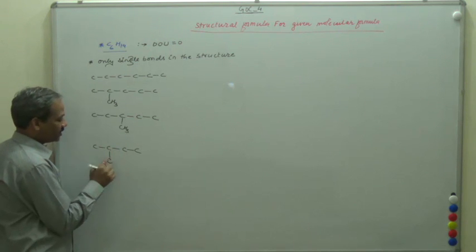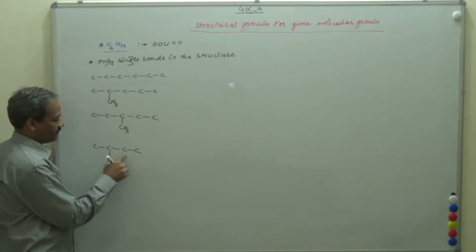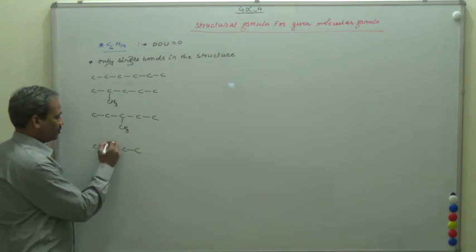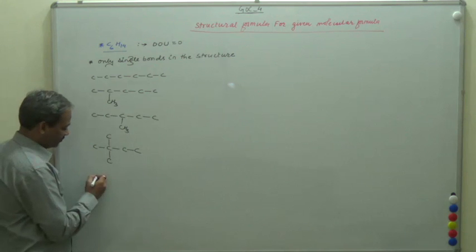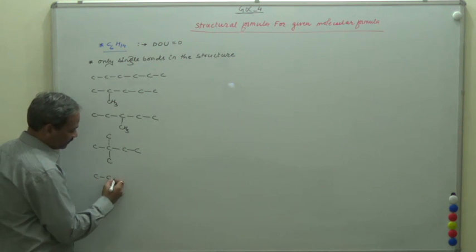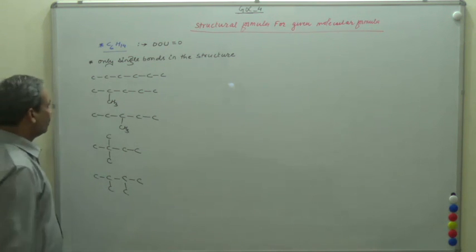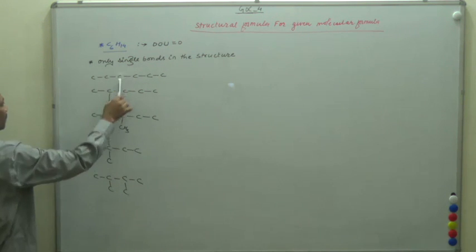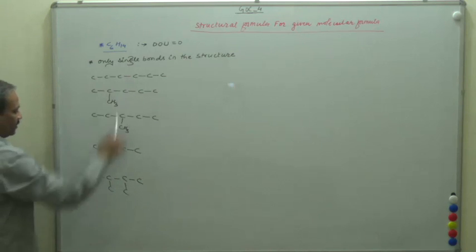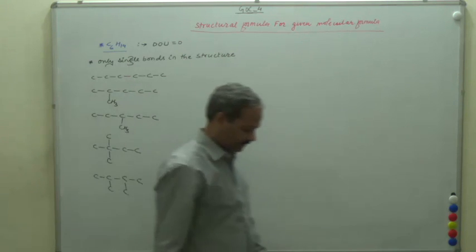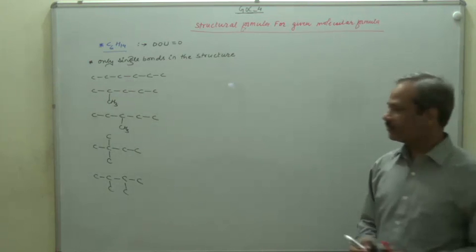Now to place the second side chain we have 2 positions. So this is the first possibility and this is the second possibility. So for this molecular formula, 1, 2, 3, 4, 5 possibilities are there. The 5 structural formulas are possible.